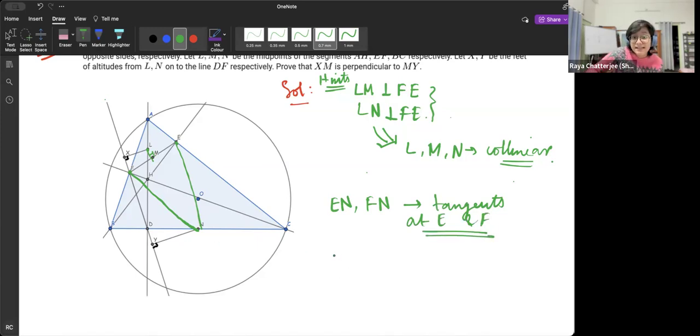Because if we have a circle and 2 tangents that intersect at X, and we join the chord of the tangent touch points and we take the center, then if we join the point of intersection of the tangents and the center, the chord is going to be perpendicular to it. And more precisely, it's not going to be useful in this problem, but these 2 segments are also going to be of equal length. We can prove that from a simple congruence, I mean, these 2 triangles are just going to be congruent.